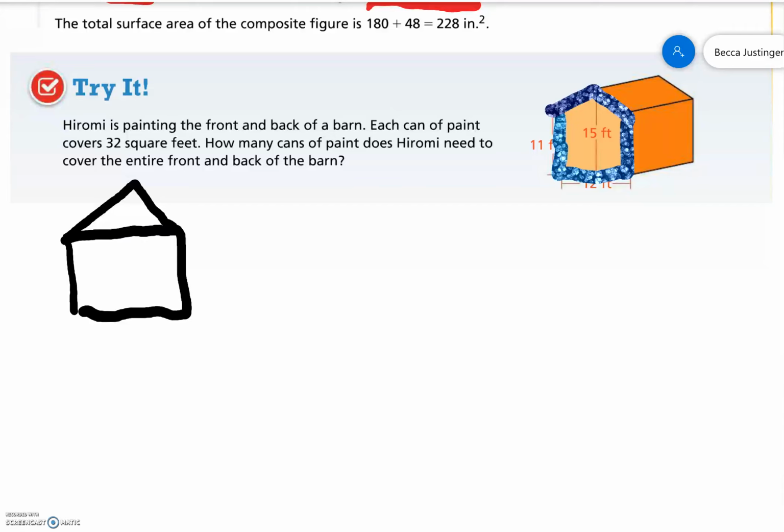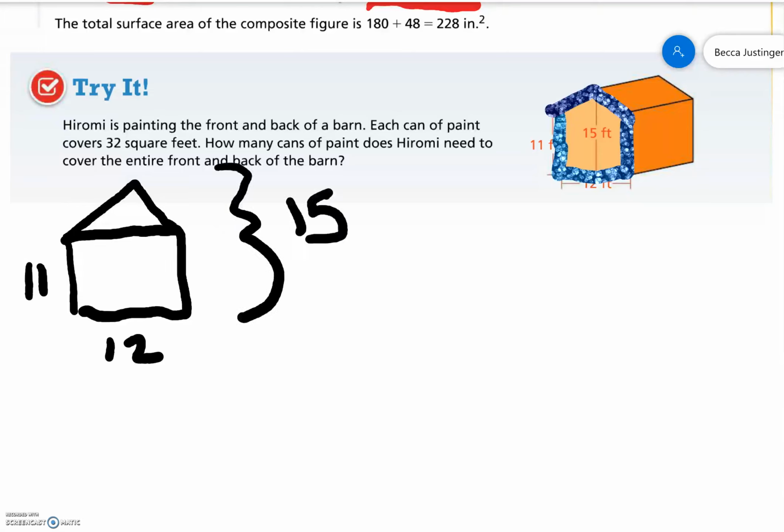I see a rectangle and a triangle. So this height is 11, this height is 12, and the whole thing is 15. If the whole thing is 15 and from here to here is 11, we can do 15 minus 11, which is 4, to find the height of the triangle.